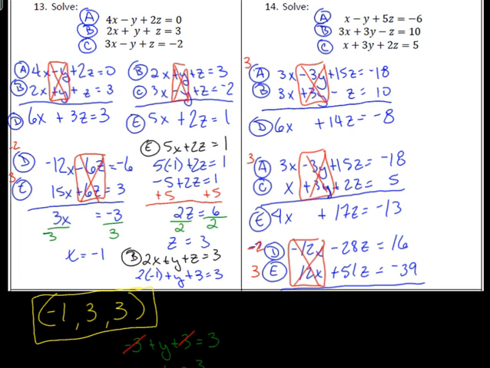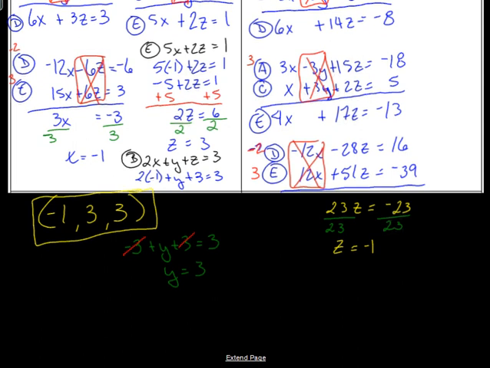I now have 23z is equal to negative 23. I divide both sides by 23, and I find out that z is equal to negative 1. I have now found 1/3 of my solution.